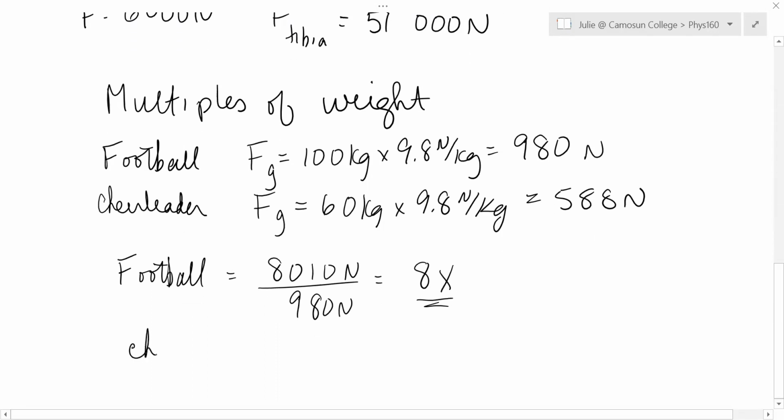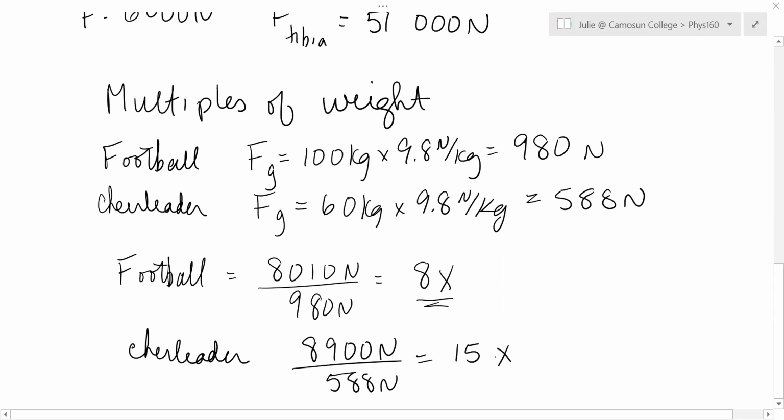And for the cheerleader, the 8,900 over her weight, it's a much bigger number. It's 15 times. Right off the bat you can see that it's almost double the multiple of the weight for the cheerleader. So that's one reason it's more catastrophic.